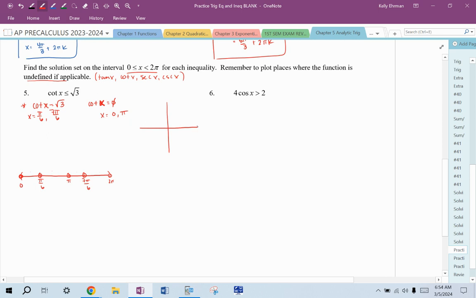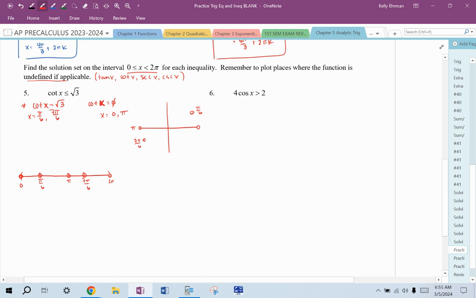So we've got 0, we've got pi over 6, pi is over here, 7 pi over 6, and 2 pi.